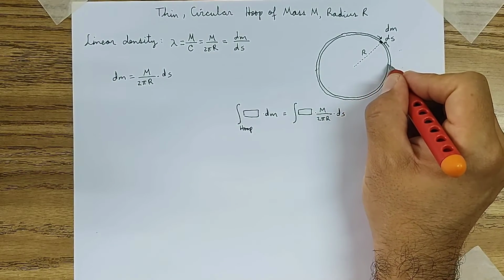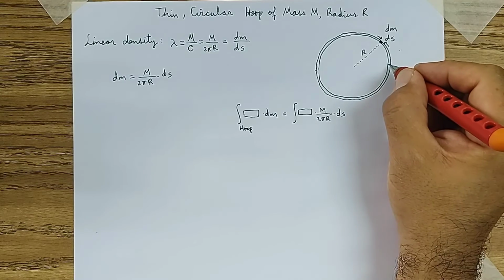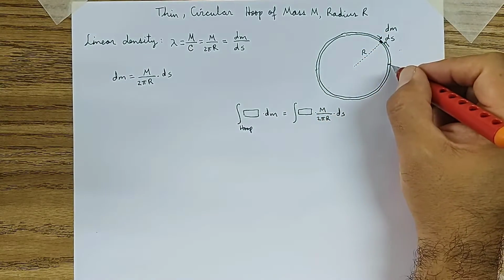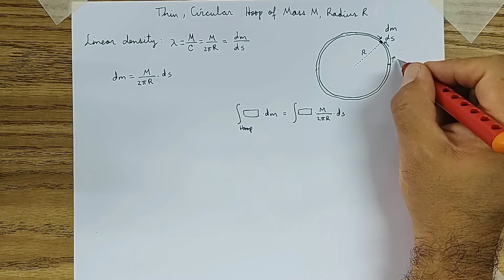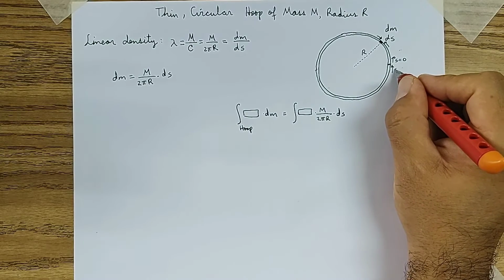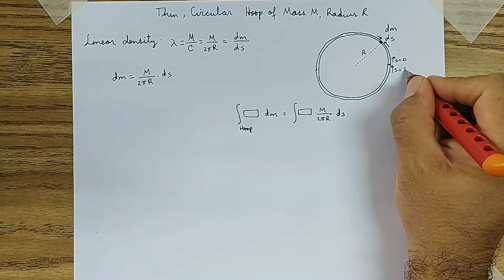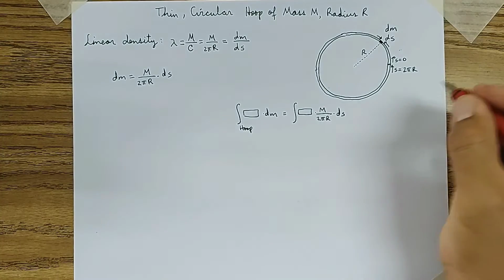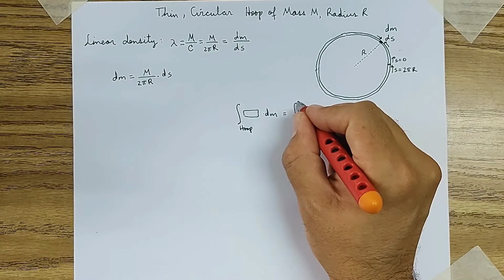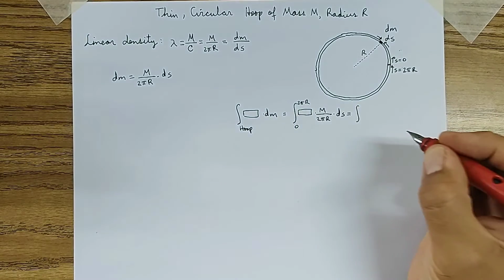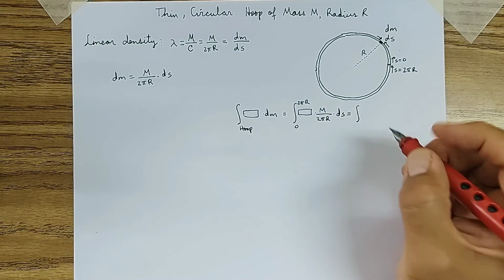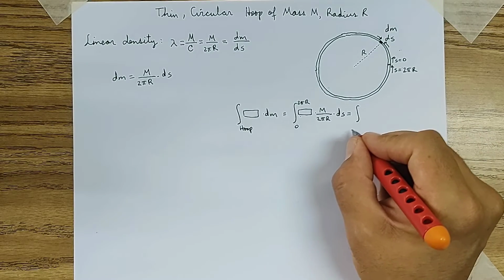And the whole idea is that if you start out at one point on the hoop and go around all the way to the end, then this starts with an s equal to 0 and ends with an s equal to the whole circumference, 2 pi times the radius. So this is equal to the integral from 0 to 2 pi r of the function times the ratio times ds.